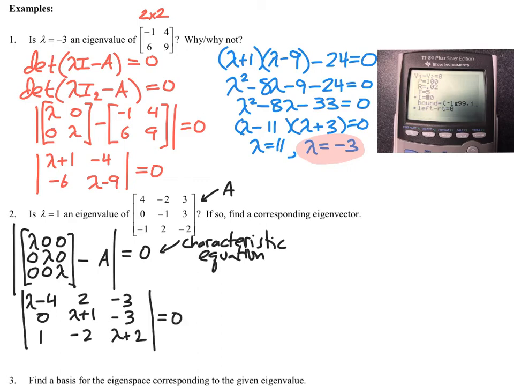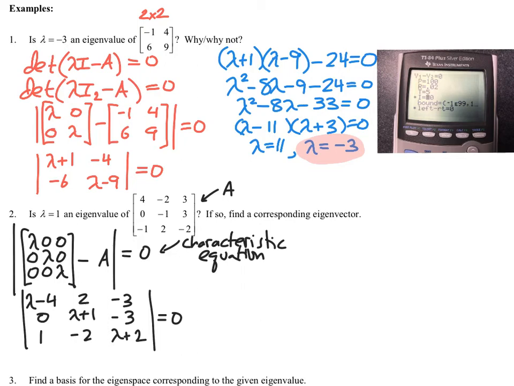And oh dear Lord, are we in for it. Because if we're going to find the determinant of this, we're going to do one of two things. We're going to put this in triangular form, diagonalize it. We can't do that yet because we haven't learned it.